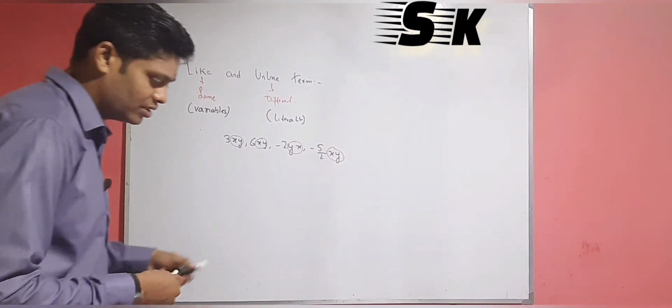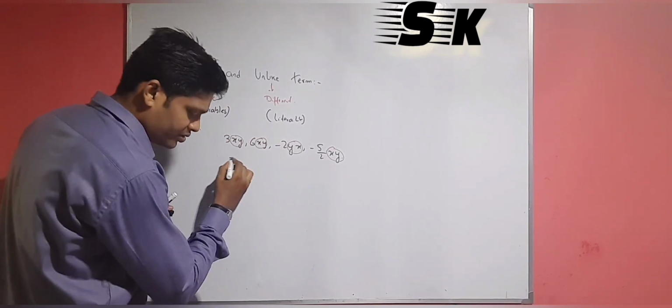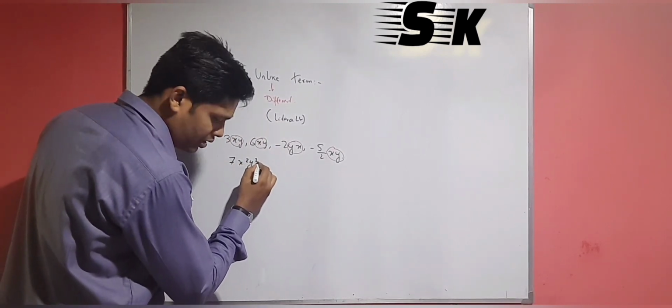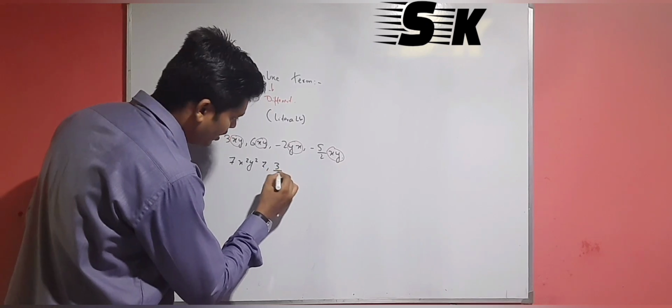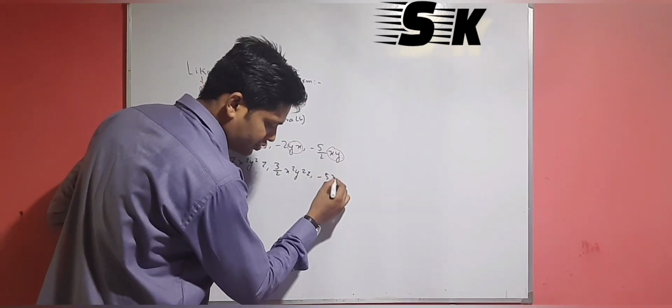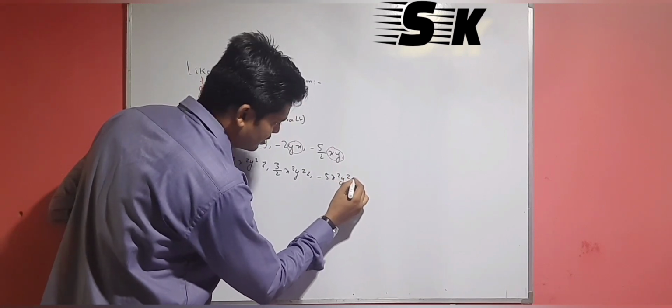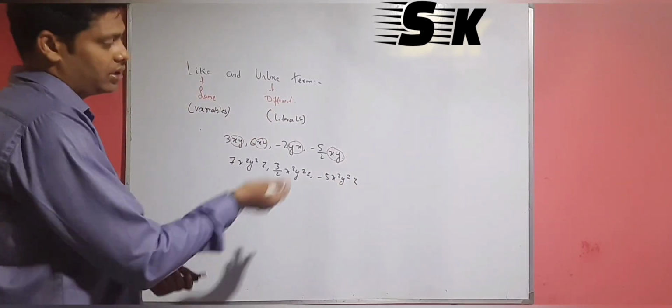Some more examples. 7x square y square z, 3 by 2 x square y square z, next, minus 5x square y square z. They are similar, all the same thing.